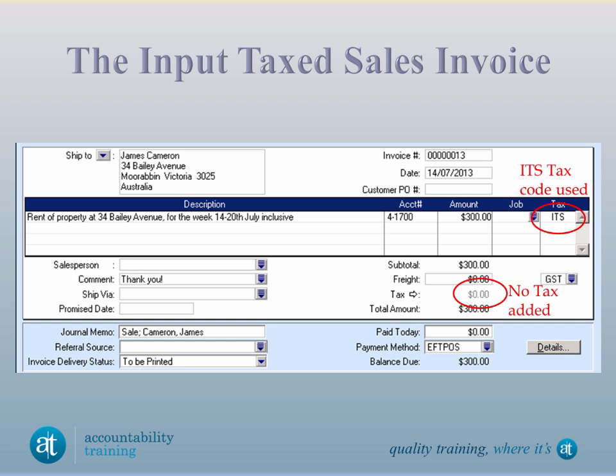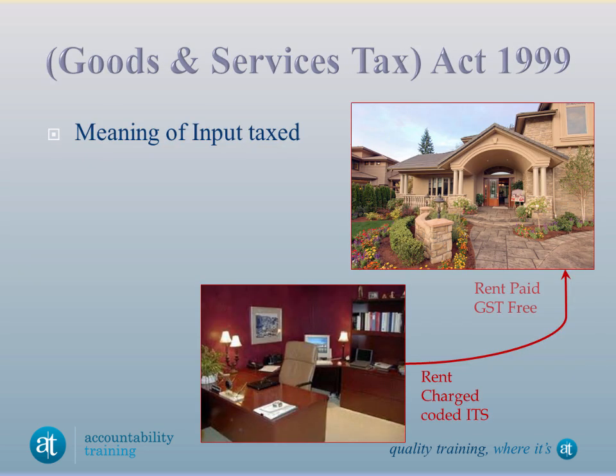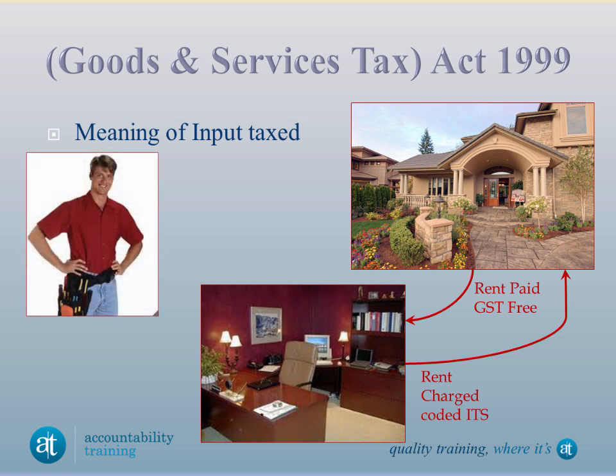Now, let's assume that I needed to engage an electrician to rectify an electrical problem in this home. The electrician will go to the rental property, perform the tasks required, and then will send me an invoice. The invoice I receive from the electrician will charge me GST.